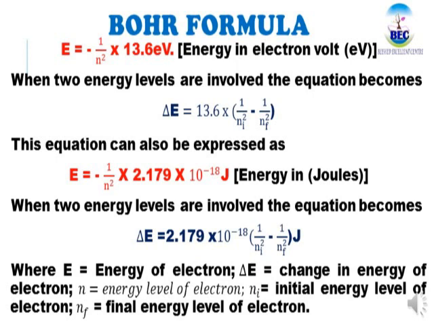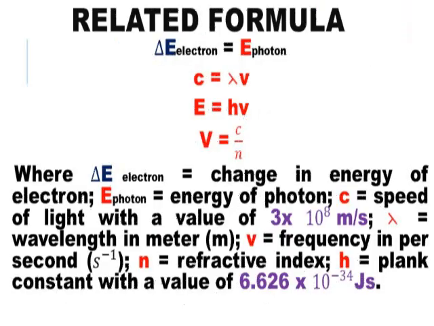When two energy levels are involved, the equation becomes delta E equals 2.179 times 10 exponent minus 18, 1 over Ni squared minus 1 over Nf squared, all in joules, where E is energy of electron, delta E is change in energy of electron, N is energy level of electron, Ni is initial energy level of electron, Nf is final energy level of electron.